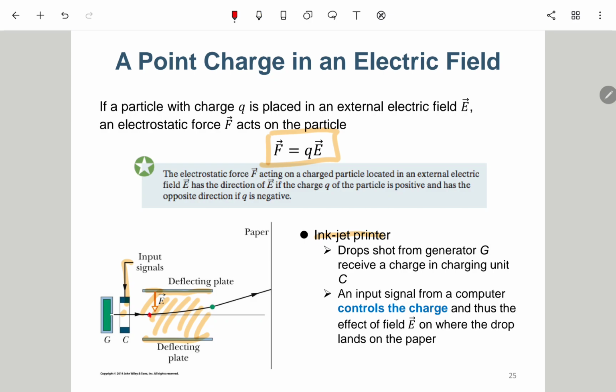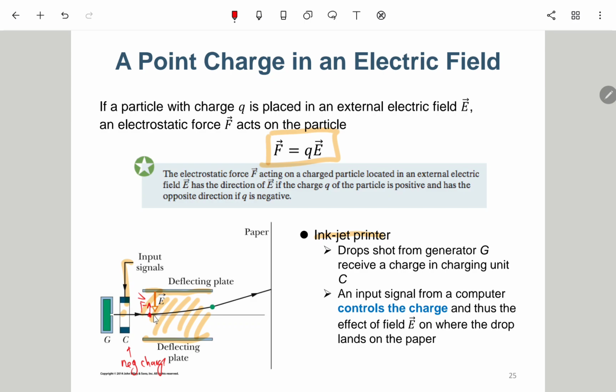Suppose we have a negative charge added to the ink. There will be a force acting on this charge, pointing upward as Q is negative.